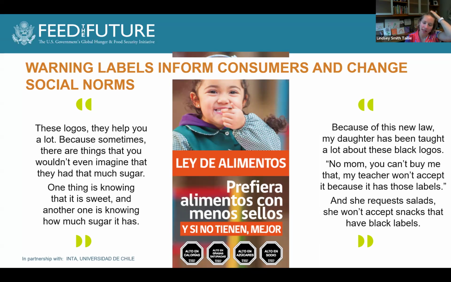So one thing that was really interesting and that we didn't really realize when we were doing this work is that the kids were going to be teaching the parents, because the kids were learning about it in schools. The teachers were saying, you can't bring these products to school. And then the kids were telling their parents. So this really speaks to the mutually reinforcing nature of these packaged policies.